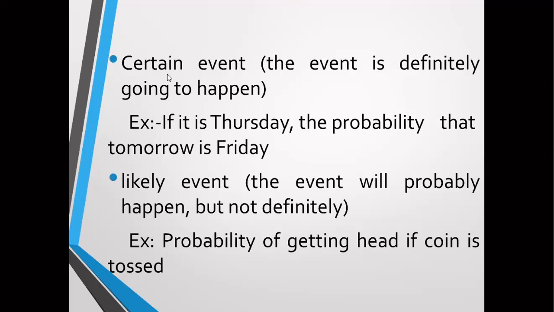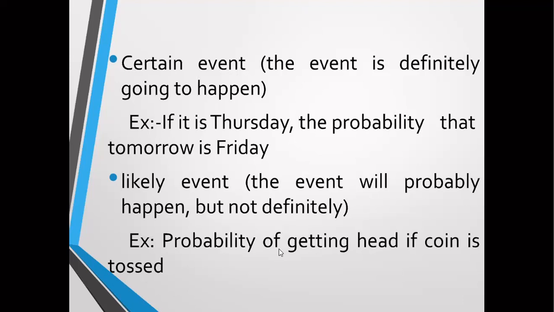That means we are 100% sure about certain events. Likely event is the event that will probably happen, but not definitely. You have an example given here, probability of getting head if a coin is tossed. We may get either head or tail, so it is a likely event.